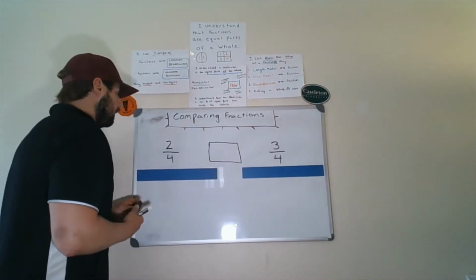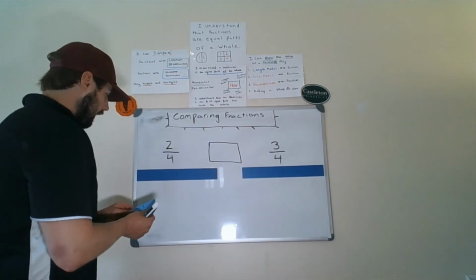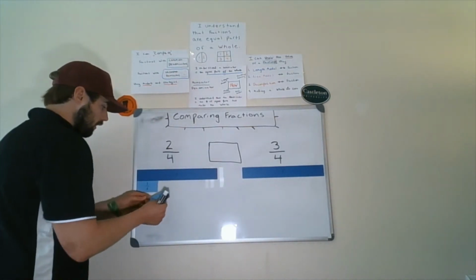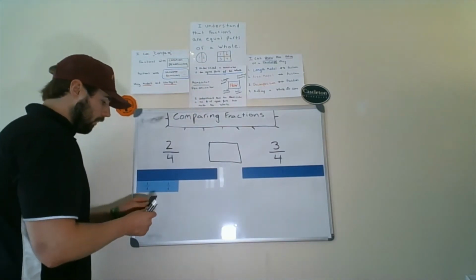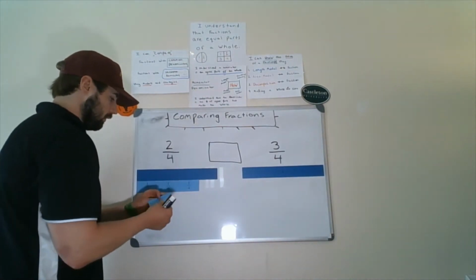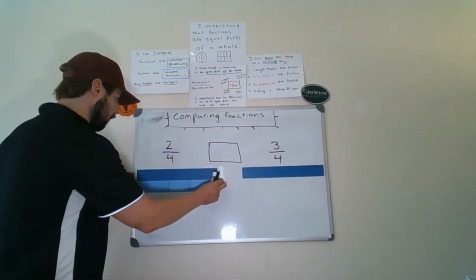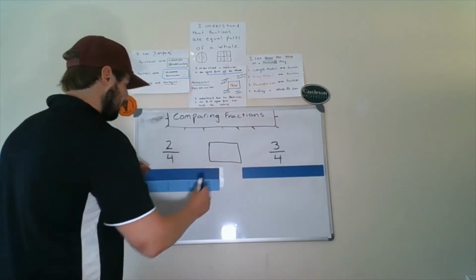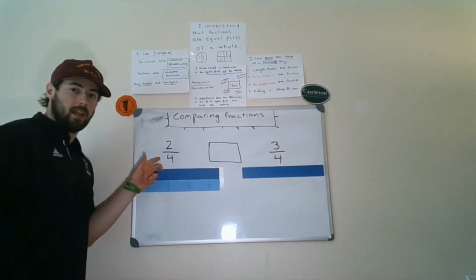So, 2/4. As I mentioned, we know if we're working with fourths, 4/4 make our whole. That is why we have a 4 in our denominator.